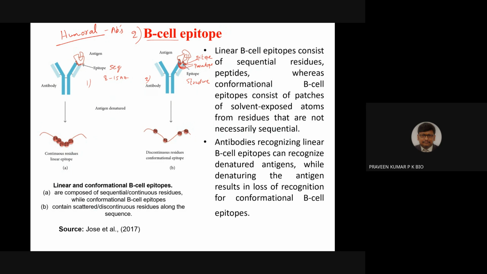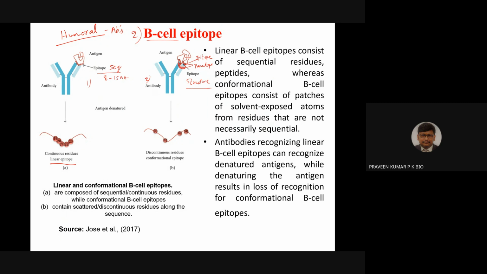Okay, so do you understand the difference between this linear epitope? In a linear epitope, we need just the peptide sequence. We find it in the form of continuous residues, so we call it linear. But in the second type, the conformational epitope, we should have an epitope structure. If you see the epitope structure, that epitope is going to bind effectively, the antigen is going to bind effectively with the antibody.